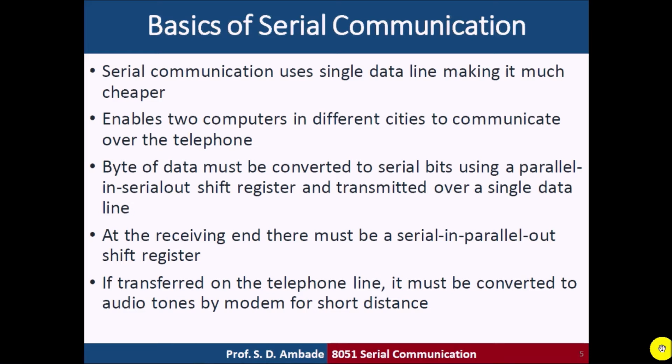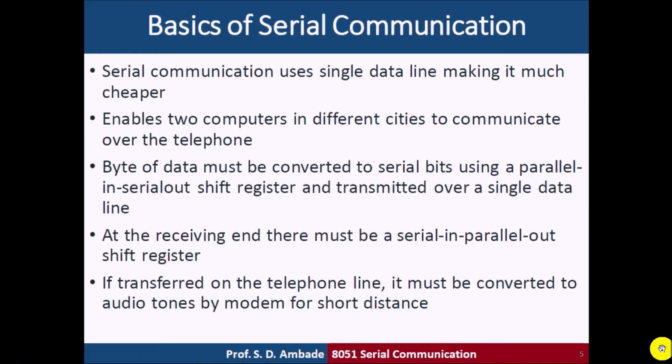So, as our data is in byte form, it should be converted to serial form to transmit. For that, we use a parallel in serial out shift register at the transmitter end. Then at the receiving end, there must be a serial in parallel out shift register to obtain data in parallel form.